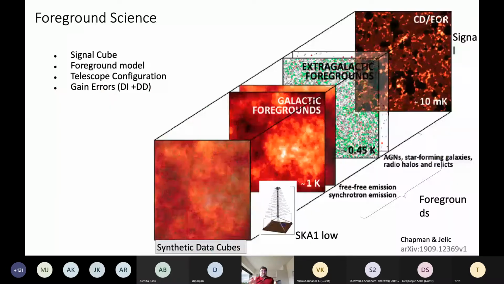But in this particular case, for our observational cosmology part, at these frequencies, these galactic and extragalactic foregrounds are completely noise for observing this faint signal from the epoch of reionization and cosmic dawn.